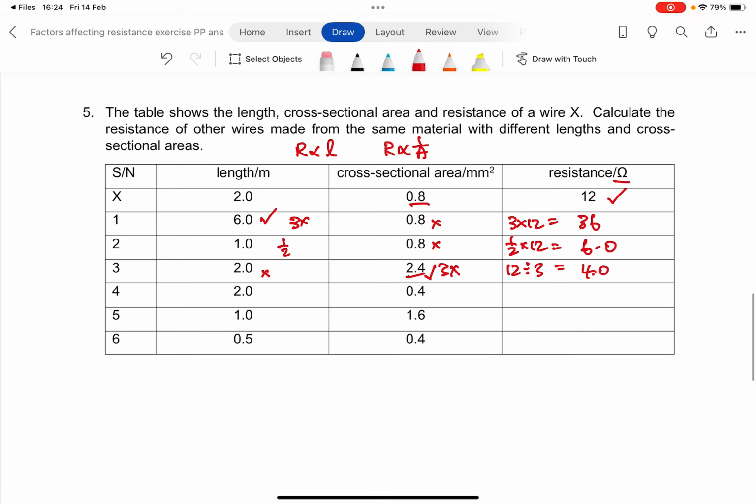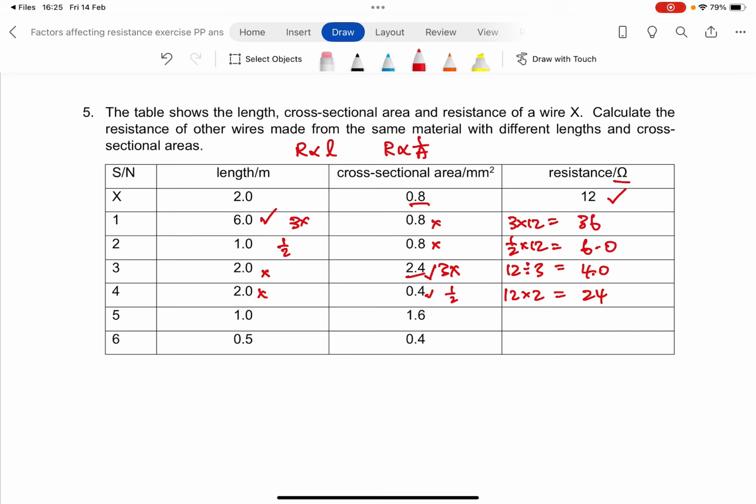Okay. Next, your length, no change. Your area is halved, right? Area is halved. So 1 over half is 2. Okay, 1 over half is 2. So 12 times 2 is equal to 24 ohms.